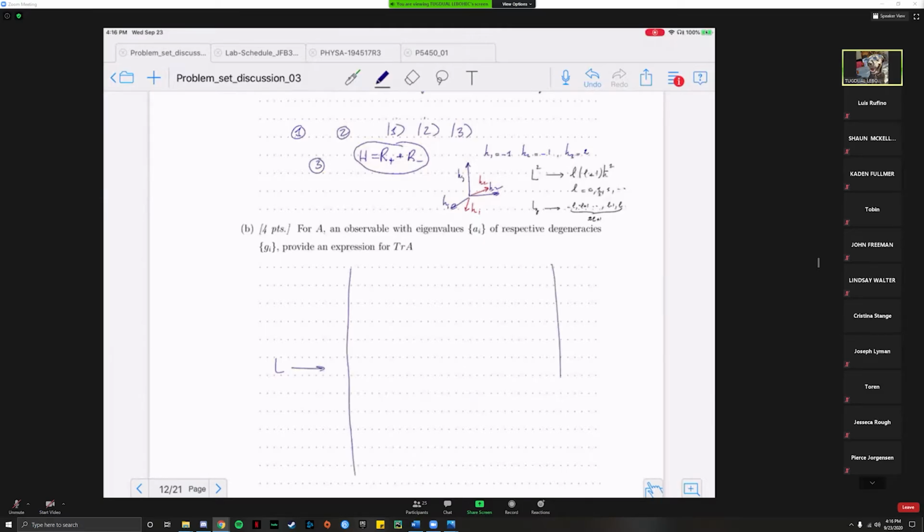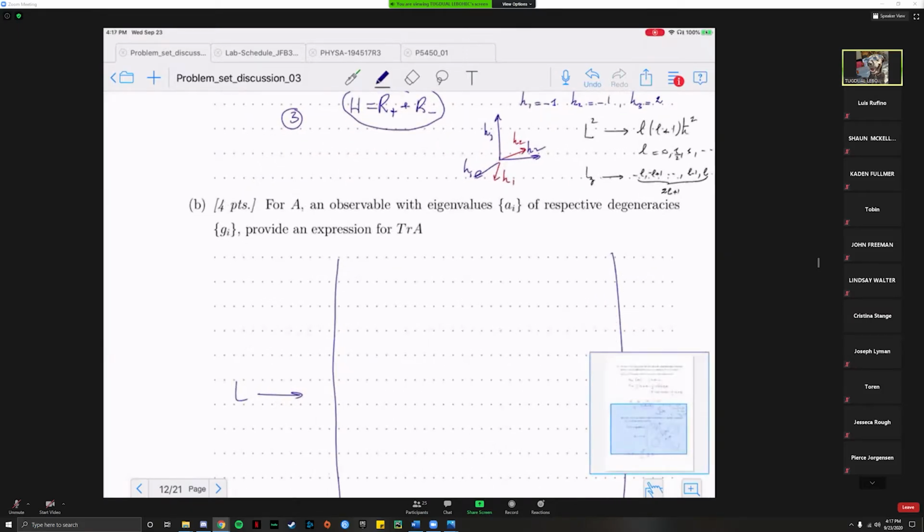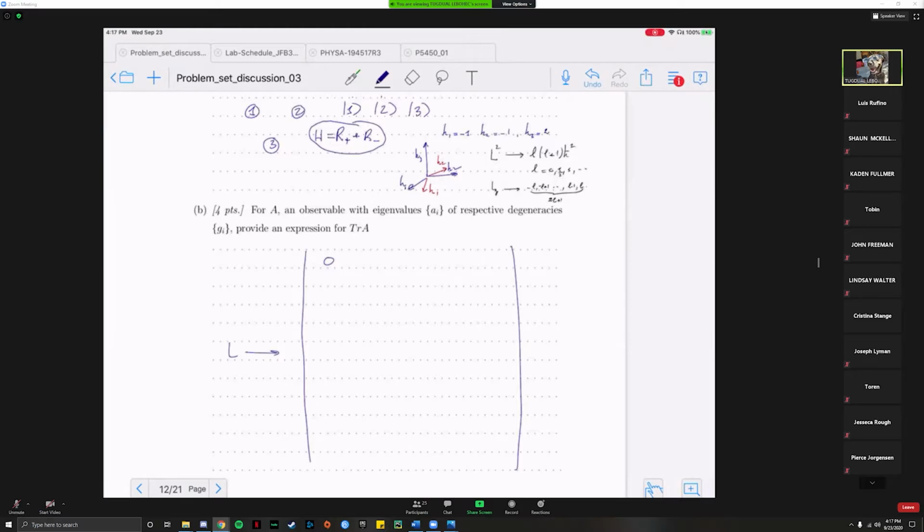If I use eigenstates of L to represent it by a matrix, the first eigenvalue is going to be 0 times 0 plus 1, so that's 0. The second eigenvalue is going to be for L equals 1/2, so I have 1/2 times 3/2. That's 3/4 of h bar squared.